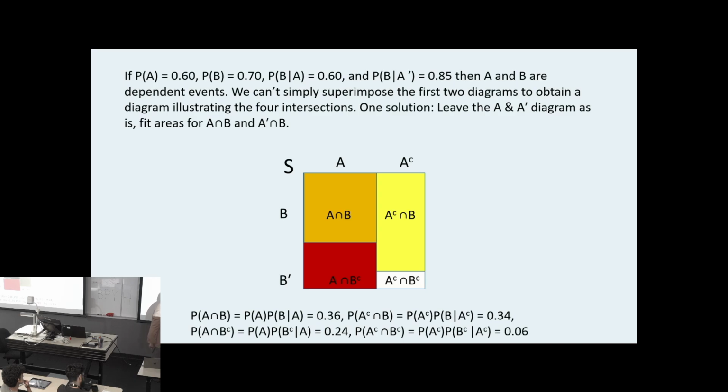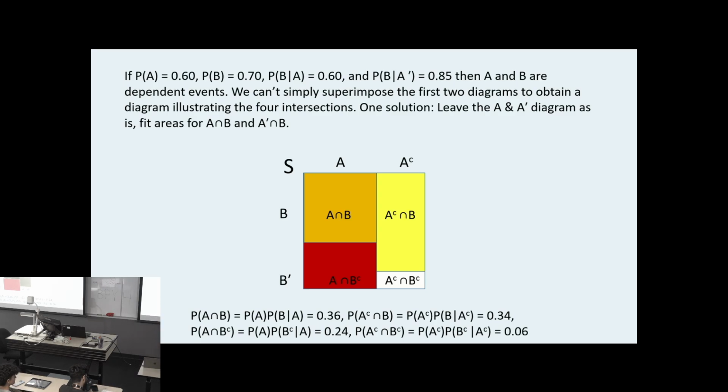Okay, so that's 24%. And then over here, when I'm not in A, which is 40%, the proportion which is B is 85%. So what I'm saying is I want 85% of this, 0.85 times A complement, which is 0.4. 0.85 times 0.4 gives us our 0.34.